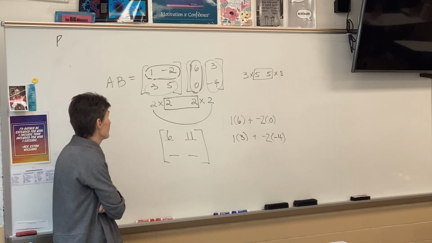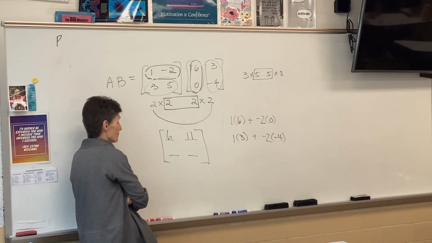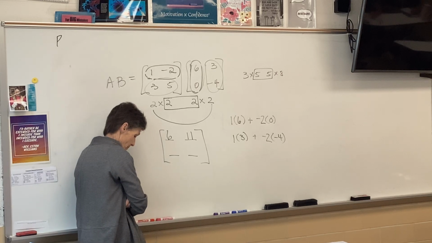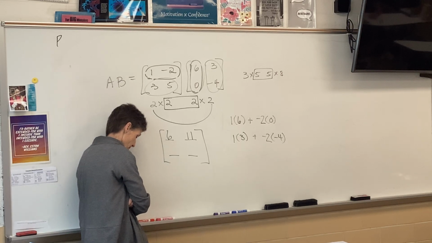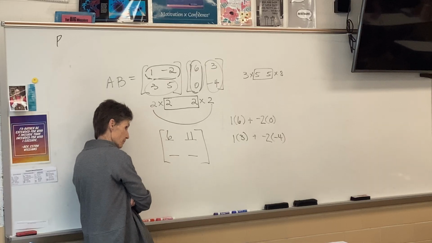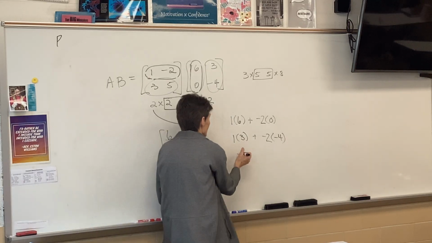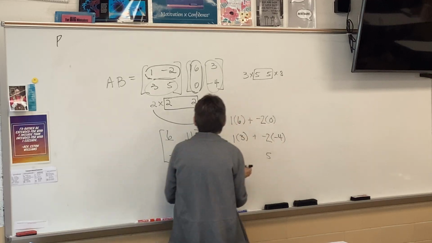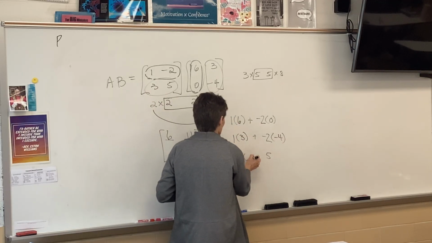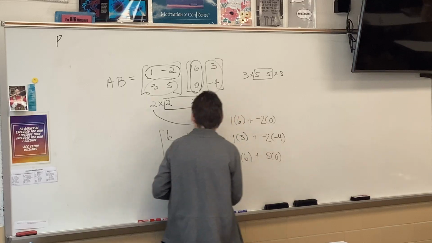What'd you come up with? You got it. So 3, 5 times 6, 0, that's 18.